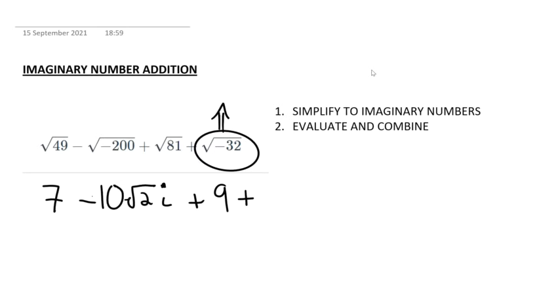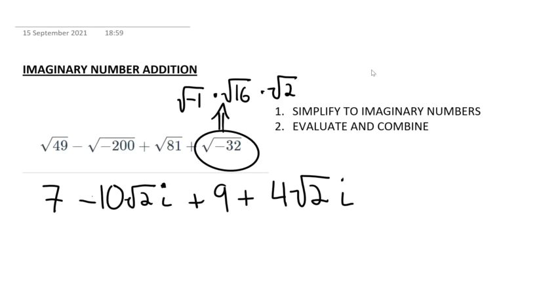We have negative 1, obviously, but the square root of 16 times the square root of 2. And the square root of 16 is going to give us 4 square root 2i, because i is represented as the square root of negative 1.